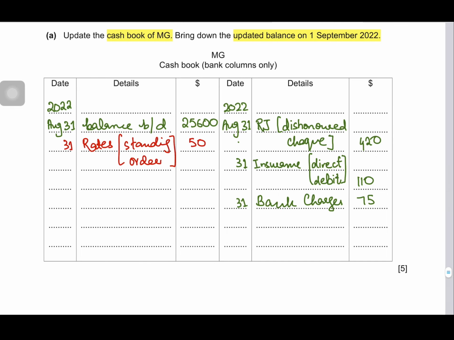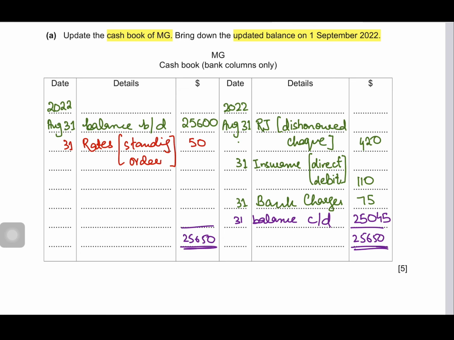That's it. Now we have to extract the balance. 25,600 plus $50, the total would be 25,650. And the balance carried down would be 25,650 less 75 less 110 less 420, which is 25,045.